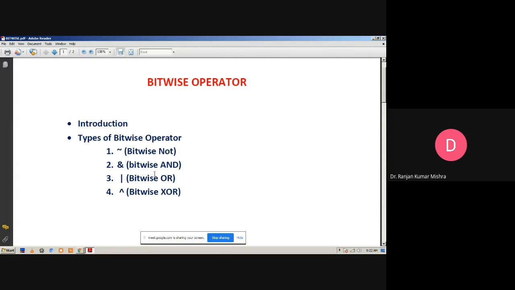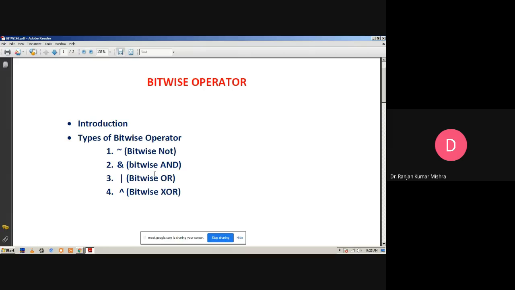Next, bitwise or is represented by a single vertical bar. It results in 1 if both bits or either of the bits have the value 1, otherwise it results in 0. It is similar to the OR gate in digital electronics. Lastly, bitwise exclusive or is represented by a single caret sign, which in different programming languages is also used for power.